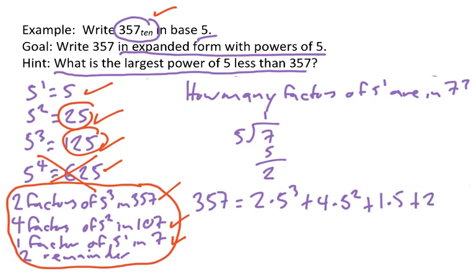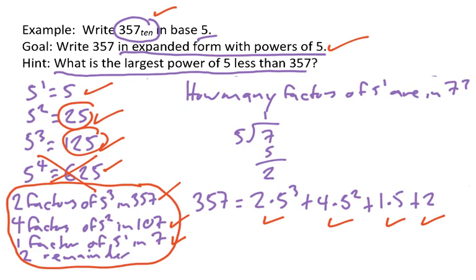So 2 times 5 cubed, plus 4 times 5 squared, plus 1 times 5, plus 2. That's the expanded form of 357 in powers of 5. That's what we want to accomplish right there.